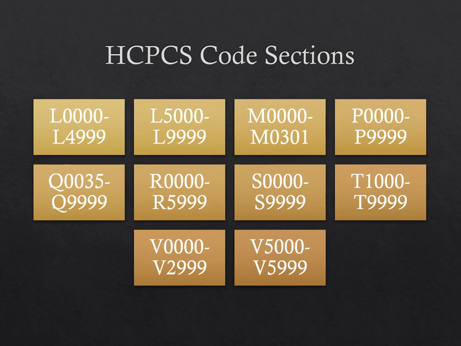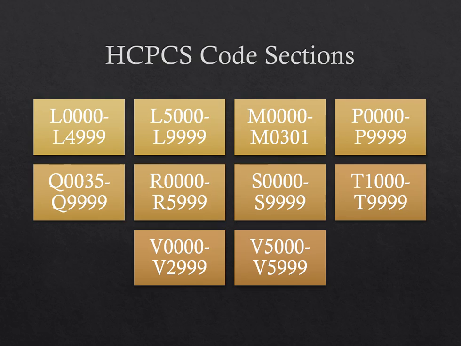Then we have R0000 through R5999. These are for diagnostic radiology services. Then you have S0000 through S9999, another set of temporary national codes.